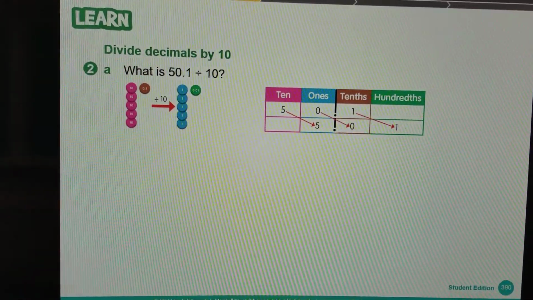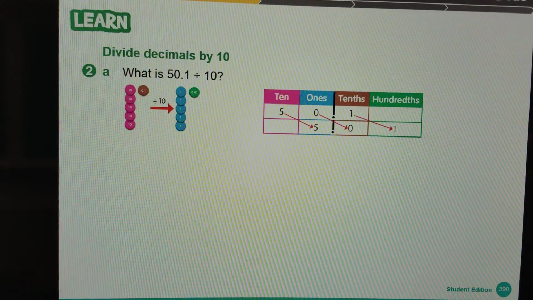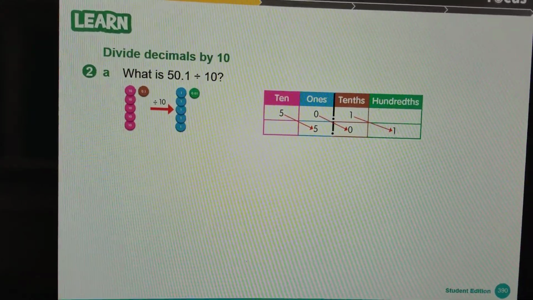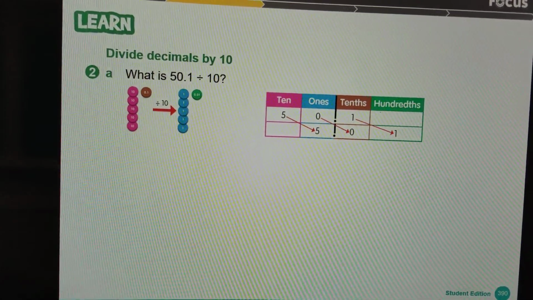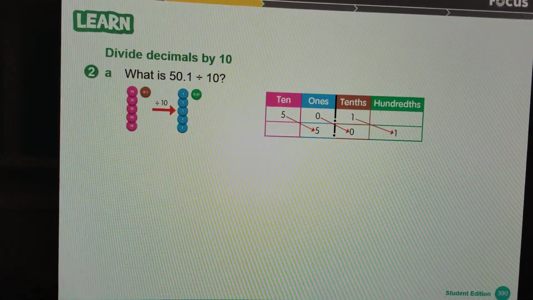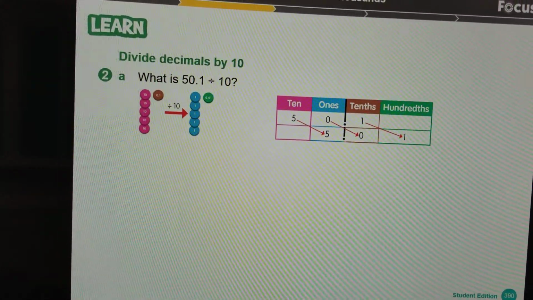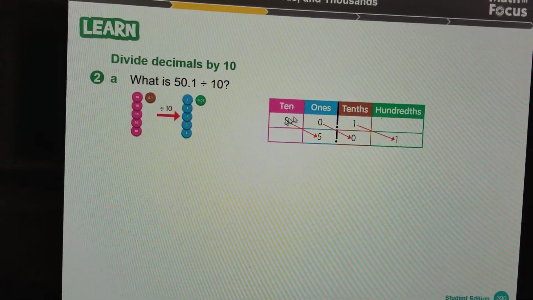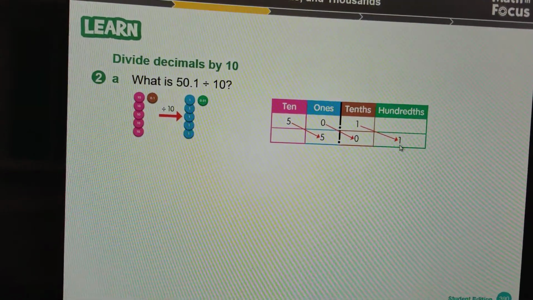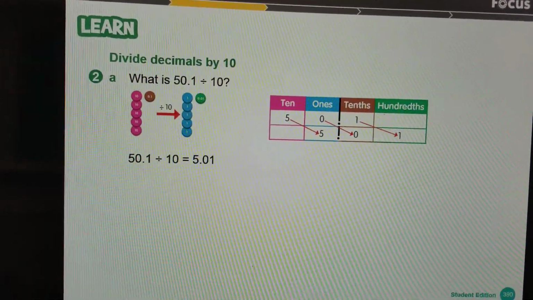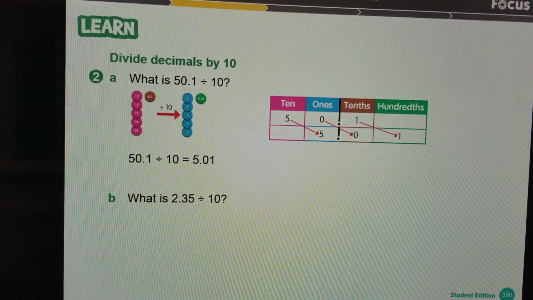So I'm dividing the 50 by 10, which becomes 5. And that means that the 1/10 also becomes divided by 10. So it becomes a hundredth. So the 50 divided by 10 becomes 5, and the 1/10 divided by 10 becomes a hundredth. So my new answer is 5.01.